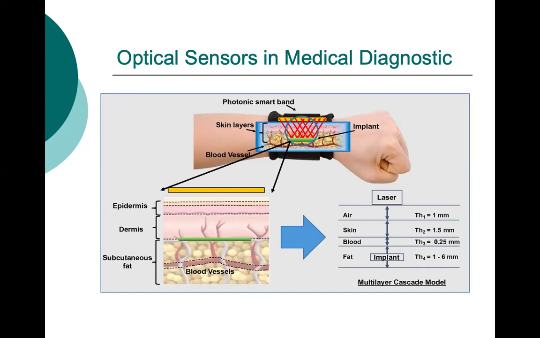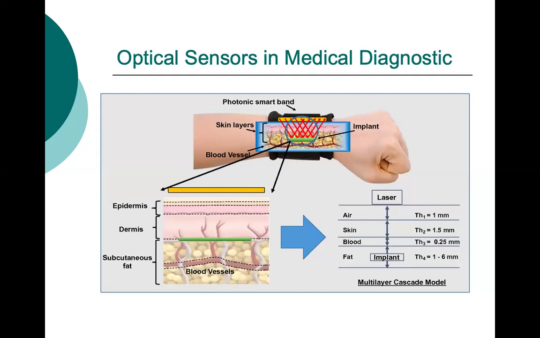For example, I'm not sure about the implant here. I think it is up to what we want to measure. If the implant is measuring glucose, then it should be giving information on glucose. If it is measuring something else, then it must be giving information on something else. But for a smartwatch, we do not have implants.